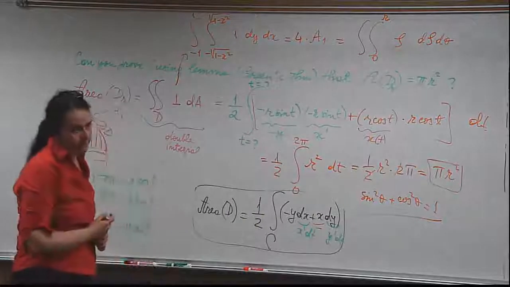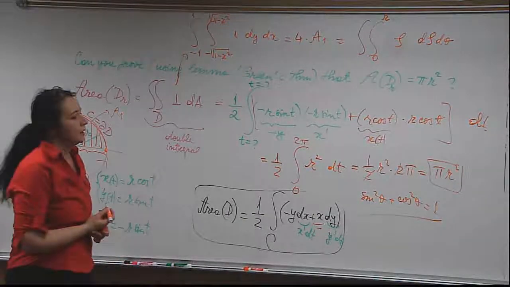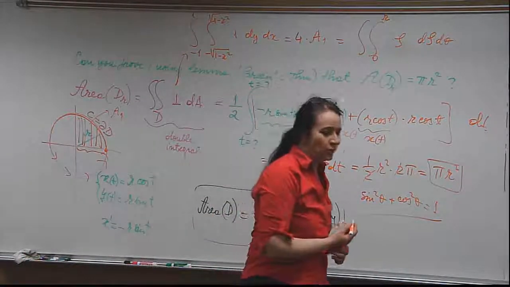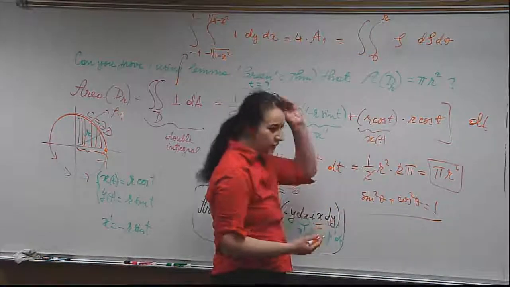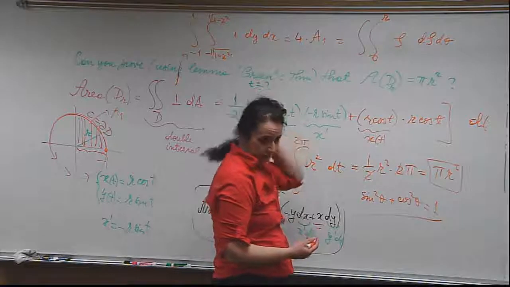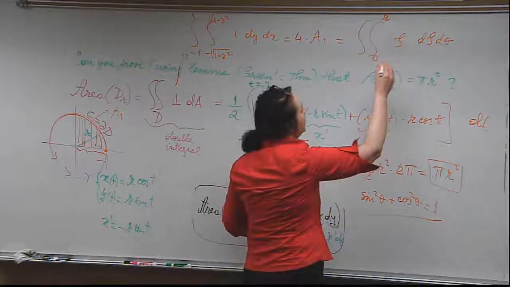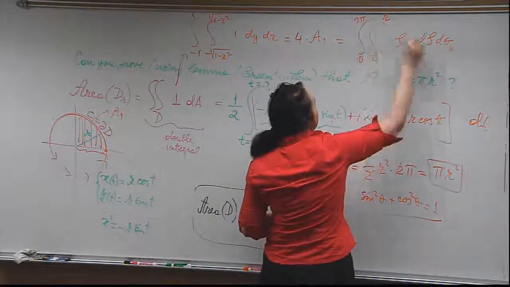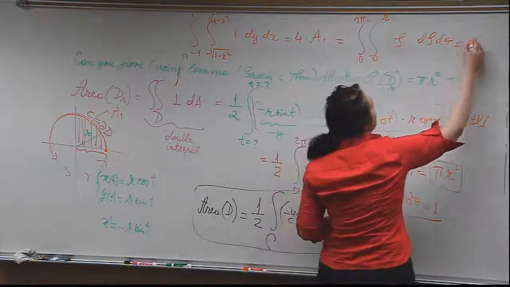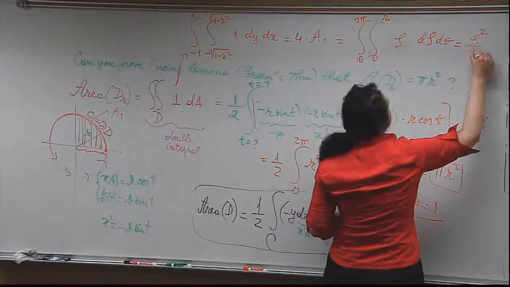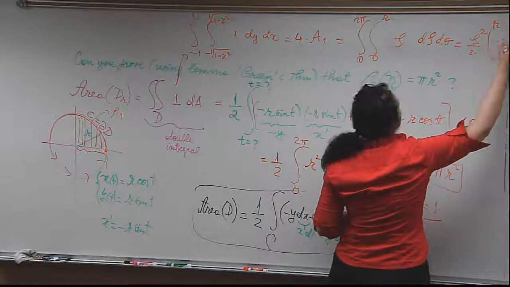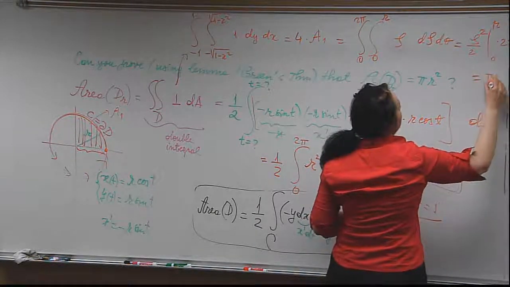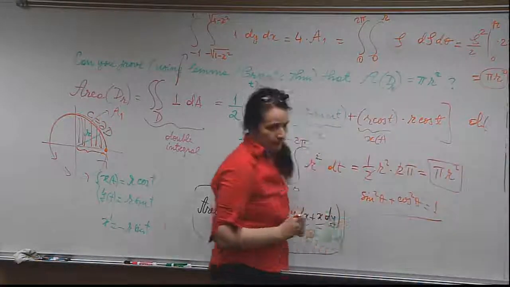R is fixed. That's my bad luck. Big R is not usually written as a variable from 0 to some. I cannot use that. So I have to use a Greek letter, whether I like it or not. And theta is from 0 to 2 pi, and I still get the same thing. I get rho squared over 2 between 0 and r, and I have 2 pi, and in the end that means pi r squared, and I'm done.